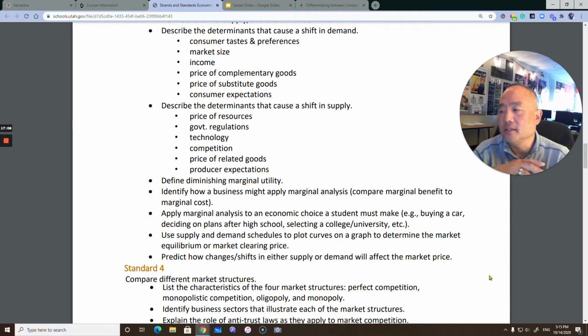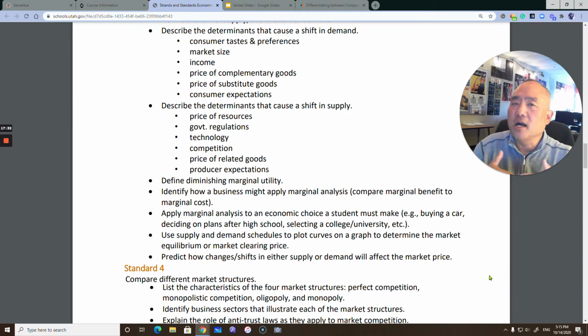Marginal utility. When you talk about diminishing marginal utility, you're talking about anything marginal, each additional unit consumed or produced. In this case we're looking at utility, so each additional unit consumed has diminishing marginal utility.